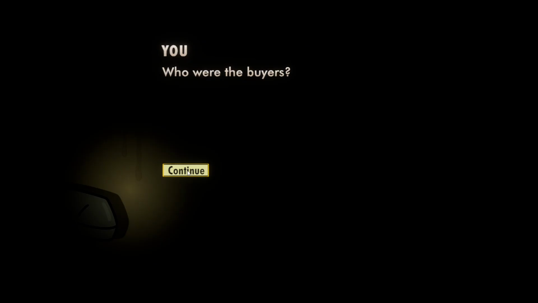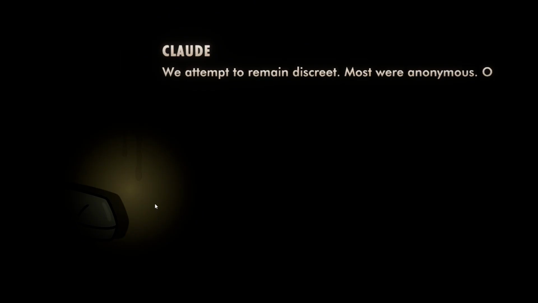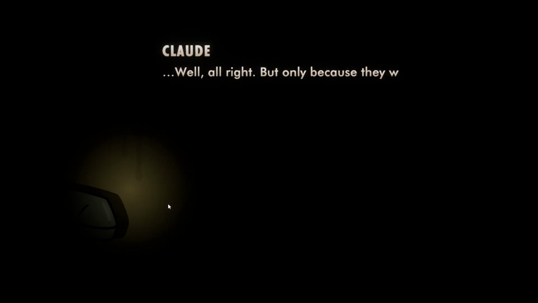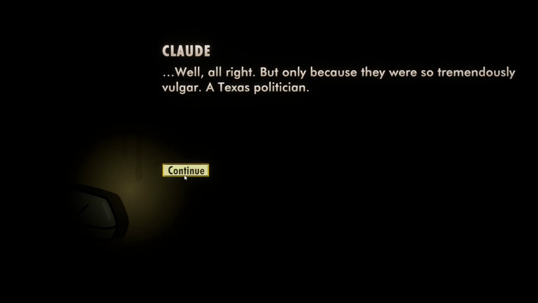Oh, that's the dead flowers. I'm stupid. We attempt to remain discreet. Most were anonymous. Only one declared their name. The Rose, right? Who was that? Oh, I can't say. Oh, please? Well, alright. But only because they were so tremendously vulgar. A Texas politician.